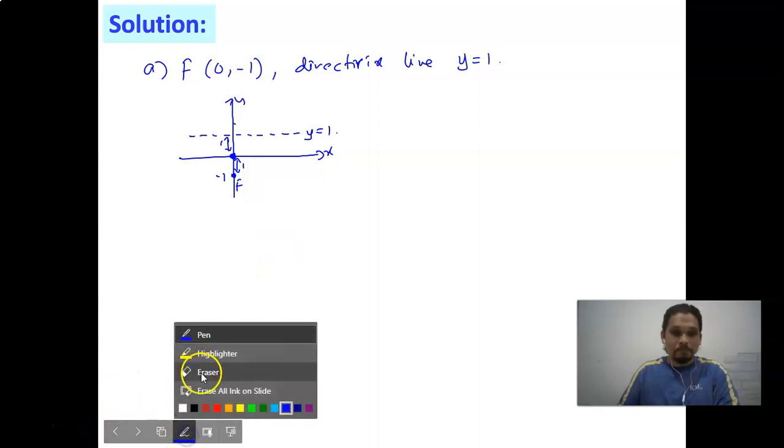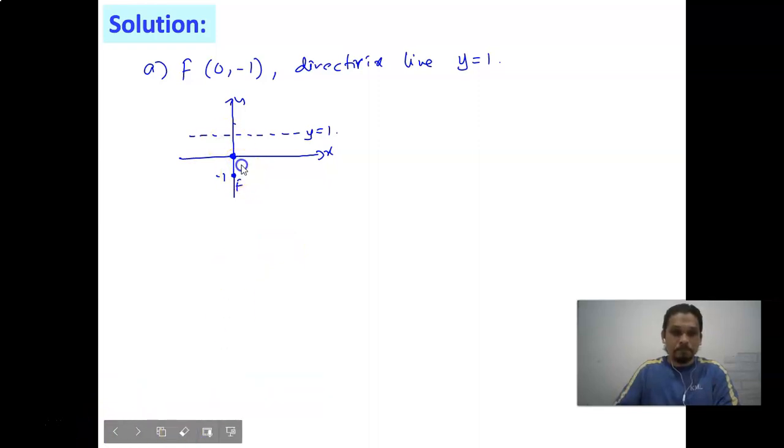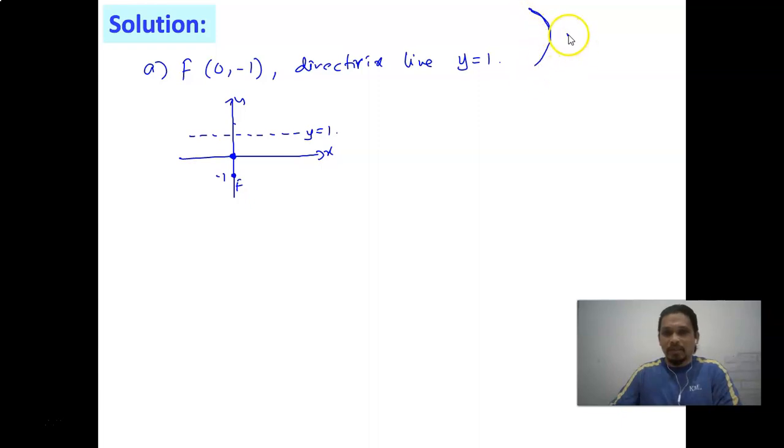Now, directrix line equal to 1. So, graph. Okay, students, there is no such case. If this is the parabola, then the focus is outside of the parabola. Recall the focus point of the parabola is always inside the curve.